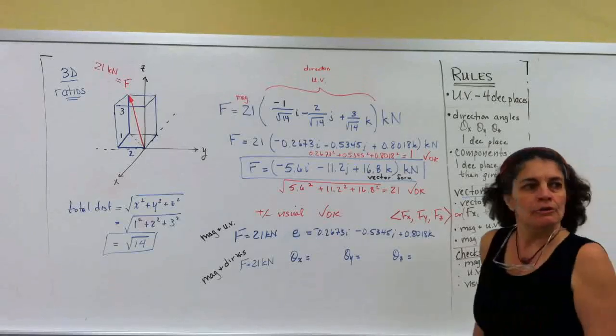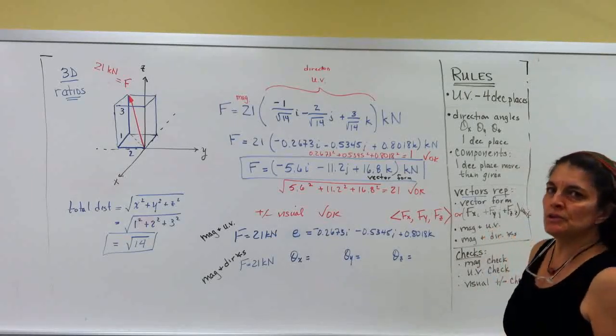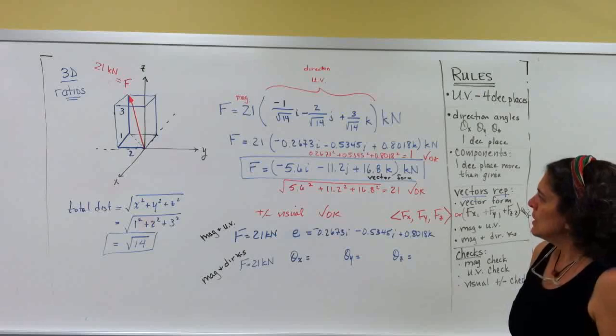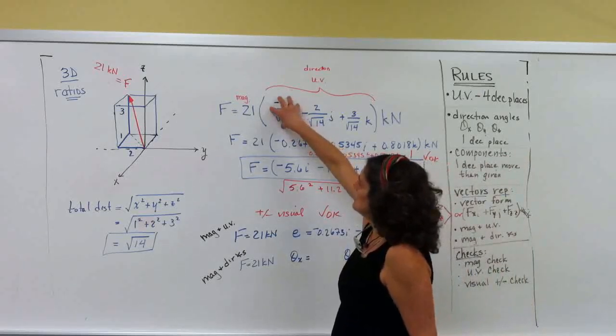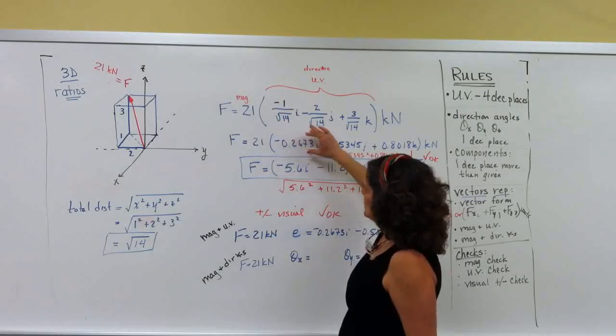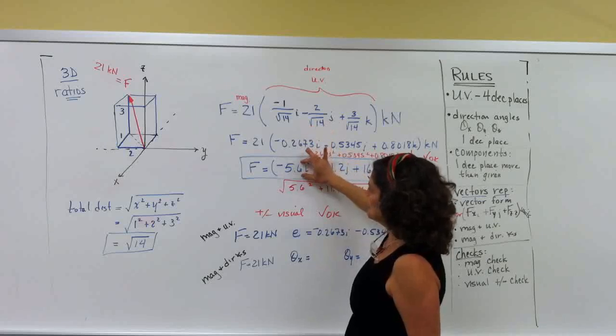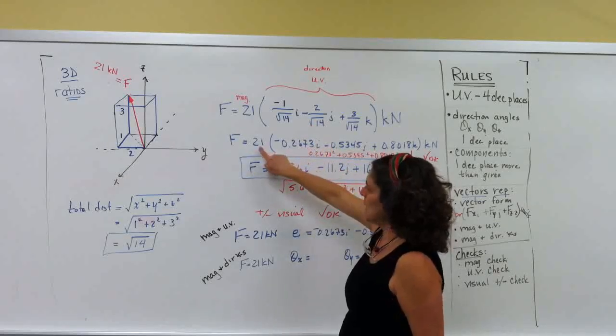Remember, from looking at it in 2D, when we did the 2D problems, we could either look at this value, which is the unit vector x component. We could look at it in 4 decimal places, or we could look at the force in the x divided by the total value.